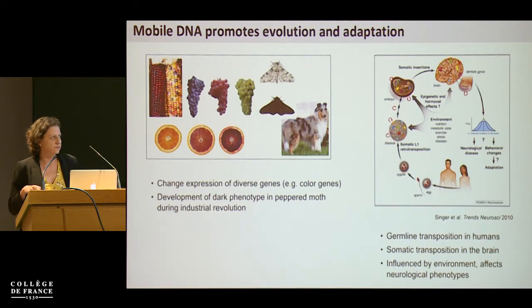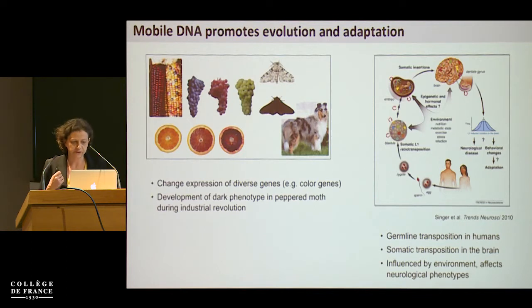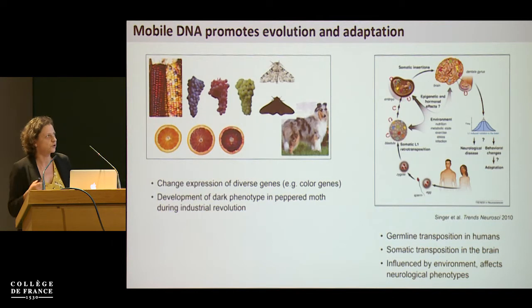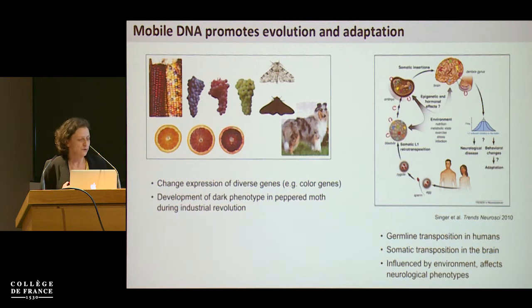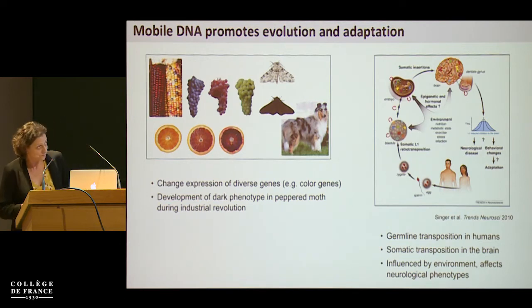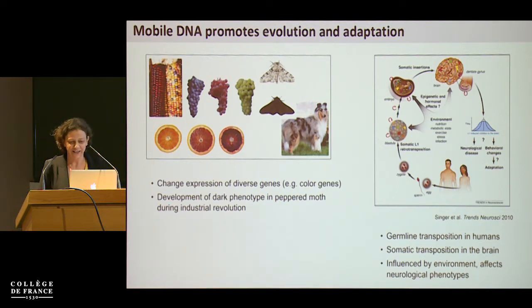Research mostly from Fred Gage's lab has suggested that this movement of transposons in the brain is influenced by the environment and epigenetic effects, but also then contributes to neurological phenotypes. This obviously remains to be proven, but it just highlights the diverse kinds of consequences mobile elements can have.